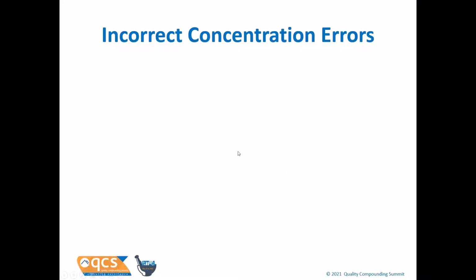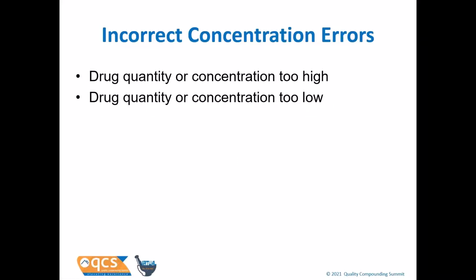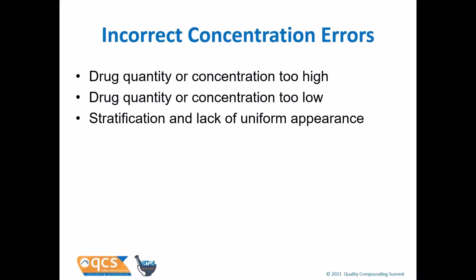Now, regarding incorrect concentration errors, obviously there's going to be either too much or too little. What we shoot for is just the right amount, but there are some errors that can be prevented. We'll talk a little bit about those here in just a few minutes. Another thing that might occur, especially with liquids, whether it's an emulsion or a suspension, would be stratification and the lack of a uniform appearance.